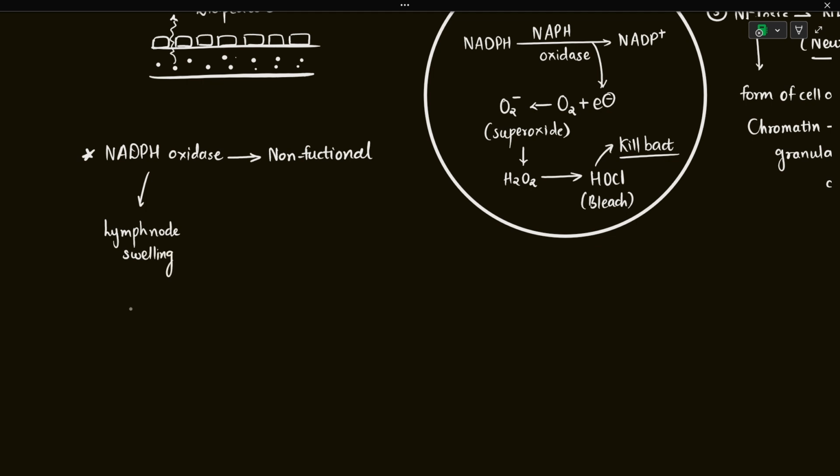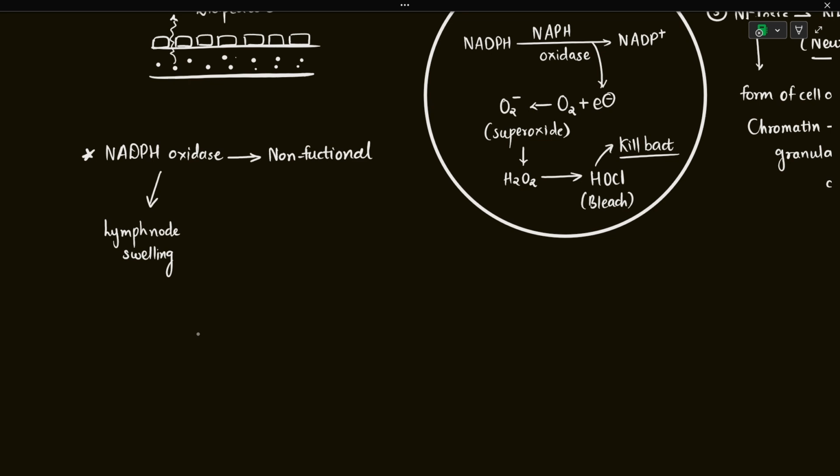Now inflammatory mediators will keep on doing the inflammation, but as the NADPH oxidase is not working, the whole pathogen will get piled up in the lymph nodes, because whenever infection is there, the pathogens are taken in by the lymph nodes, and there all of the immune cells work on those pathogens and kill them. So the lymph node is basically where all of that war is going on.